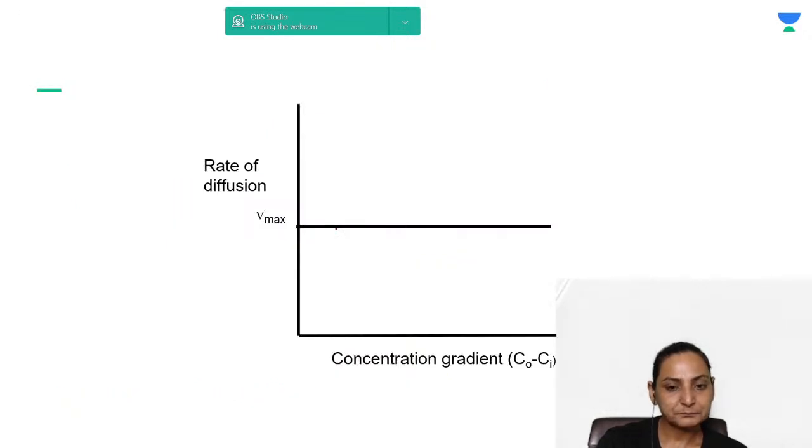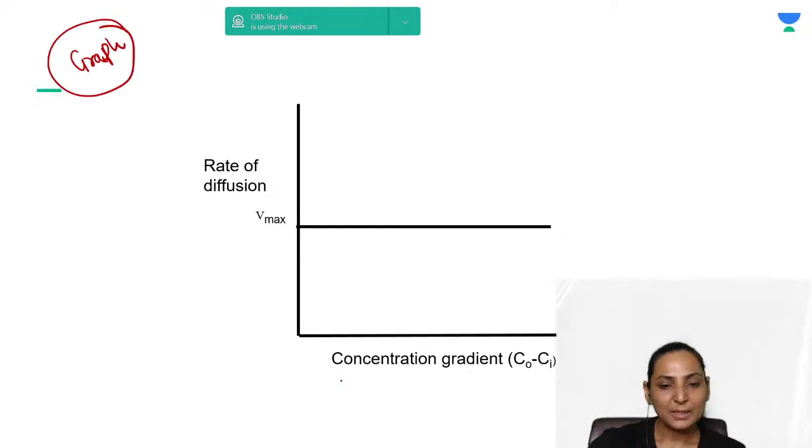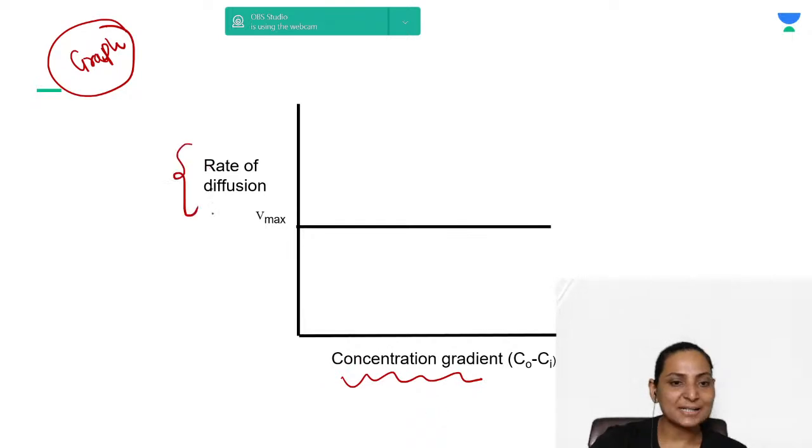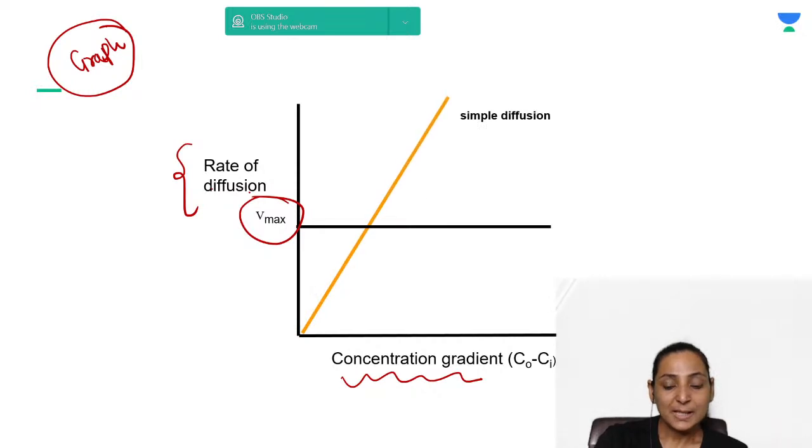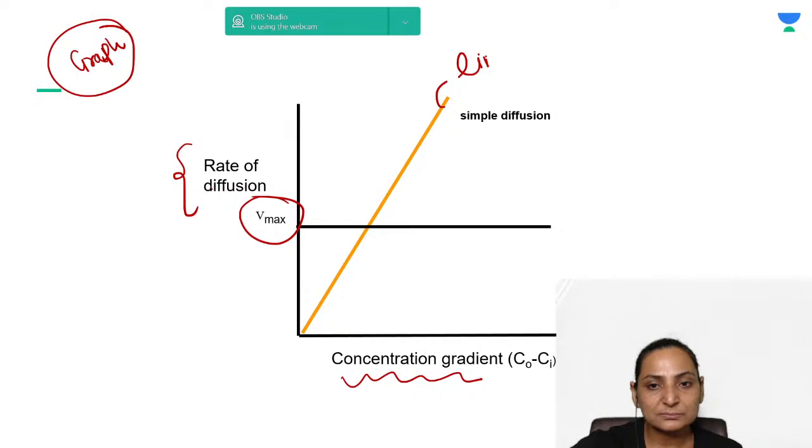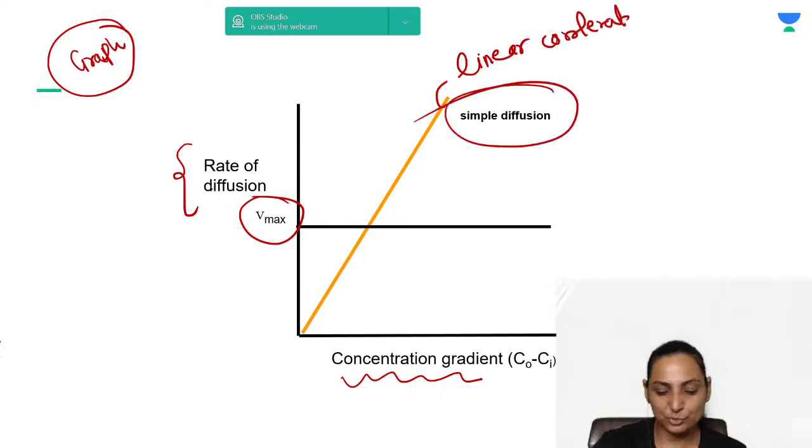Now see, we are going to explain the same thing with the help of a graph. On the x-axis there is concentration gradient, on the y-axis there is rate of diffusion. Vmax is the maximum. Now this is a linear correlation. A linear correlation means simple diffusion.